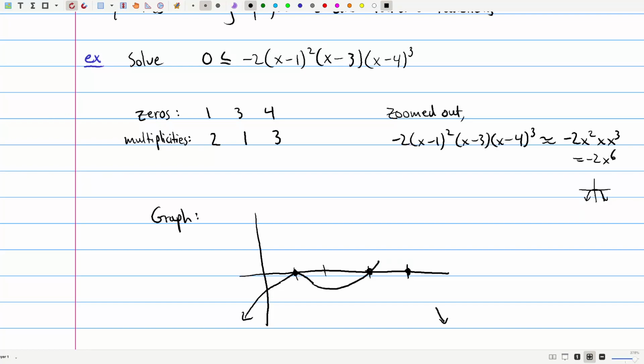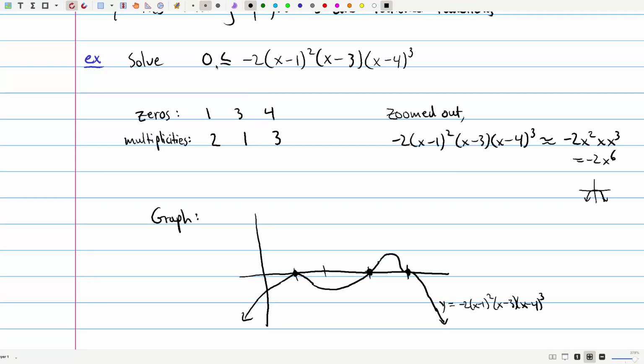And then at 4, it's multiplicity 3, so it's going to look like a cubic, but it's going to have to go downwards. And then that will let us meet up with the arrow over here. So that is a rough sketch of y equals minus 2, x minus 1 squared, x minus 3, x minus 4 cubed.